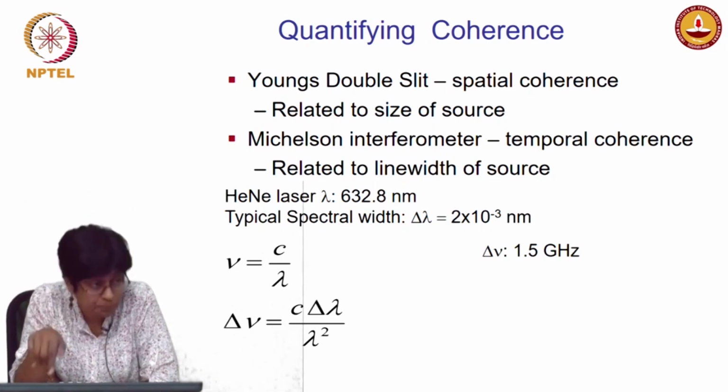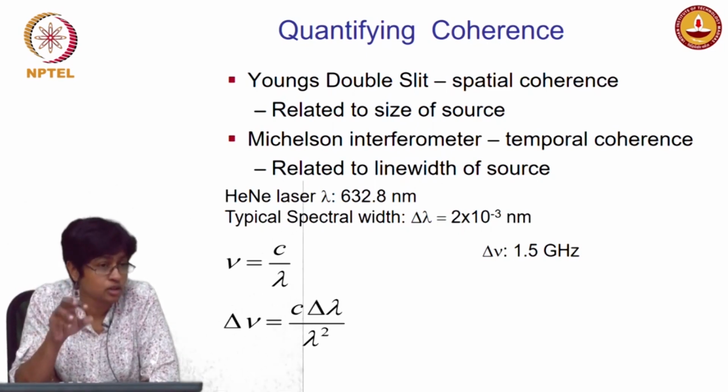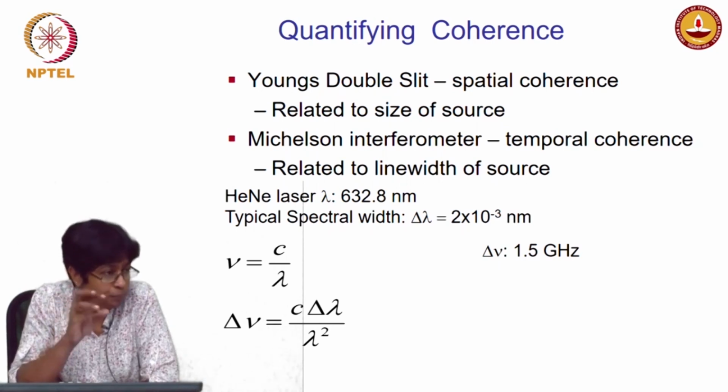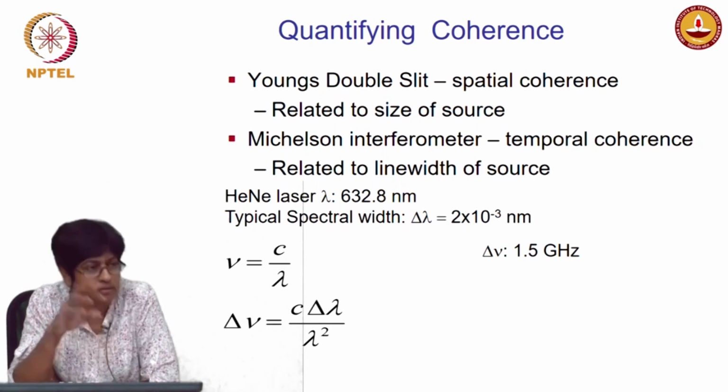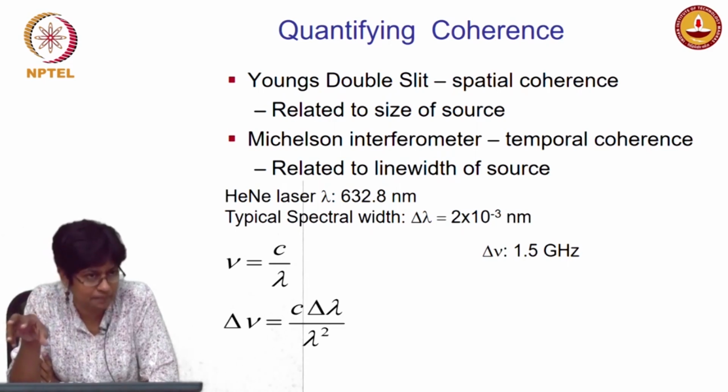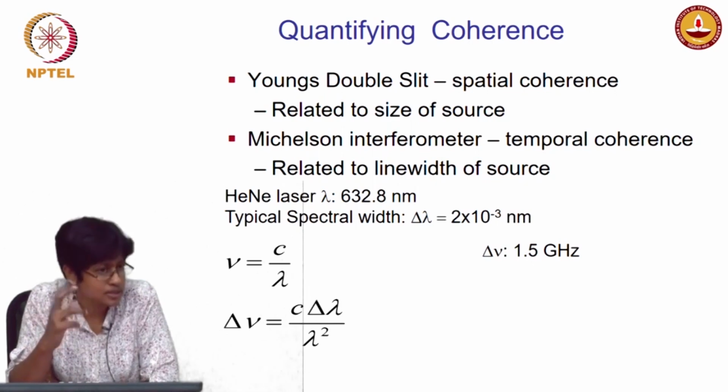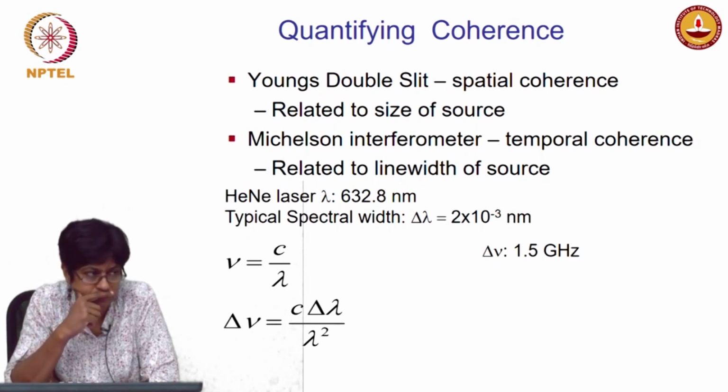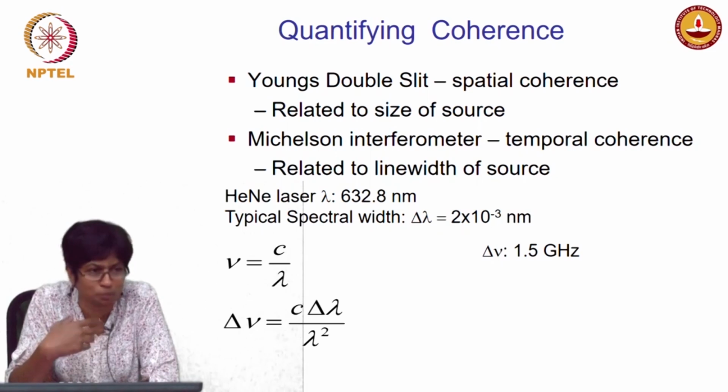We are talking about temporal coherence, so it's a correlation of the field at some time with the field at a later time. I want to know how long it stays correlated. So what do you think this delta nu relates to? I have almost given you the answer. You just have to paraphrase what I've said and give it back to me.